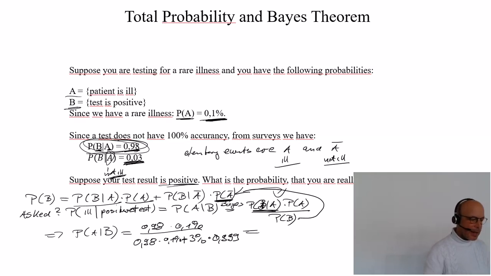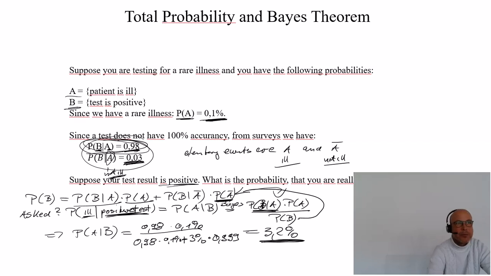And if we calculate this, then we obtain that, given these situations, if I see a positive test, the probability that I am really ill is only 3.2%.